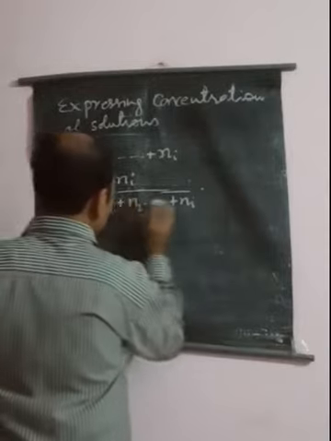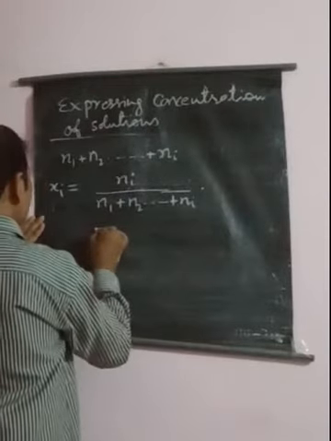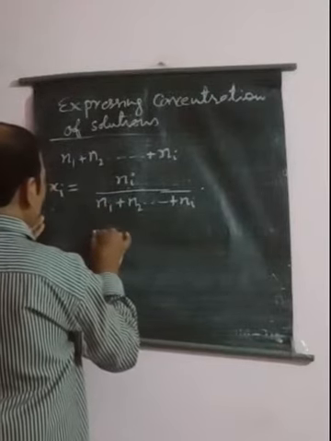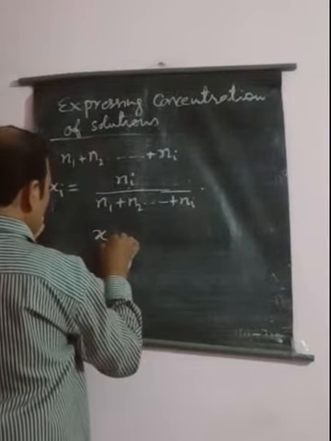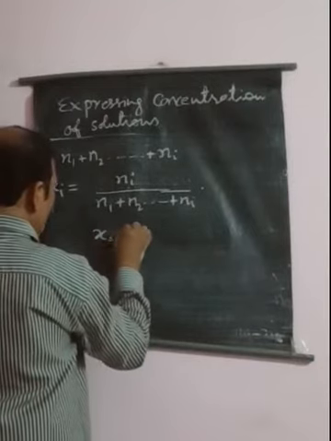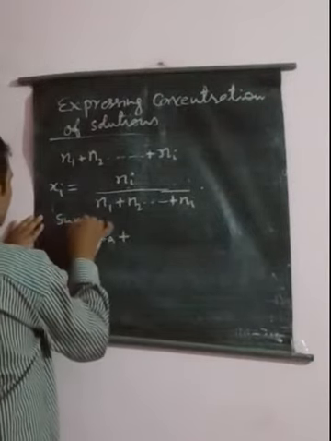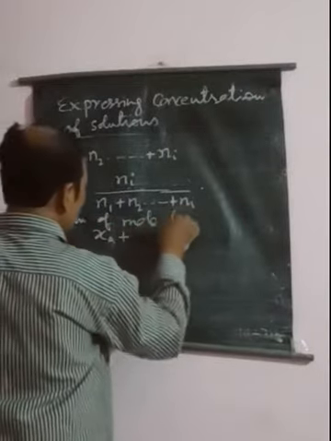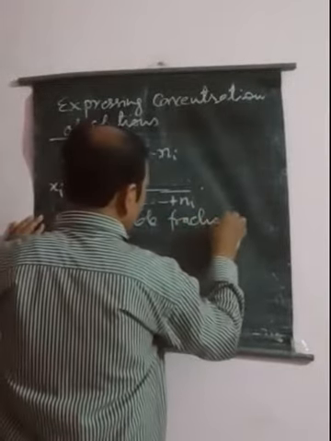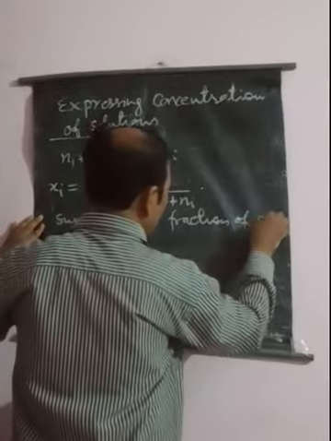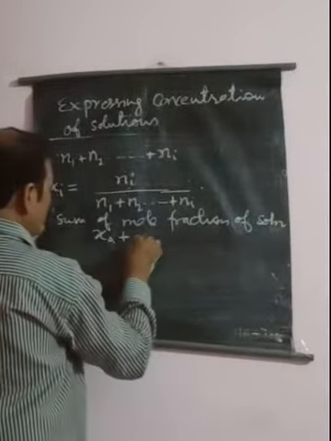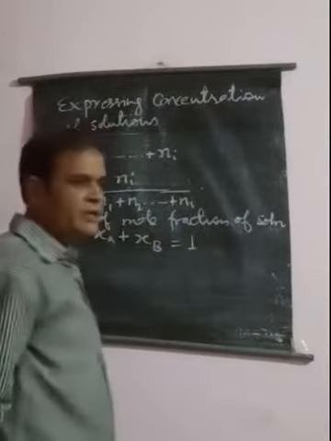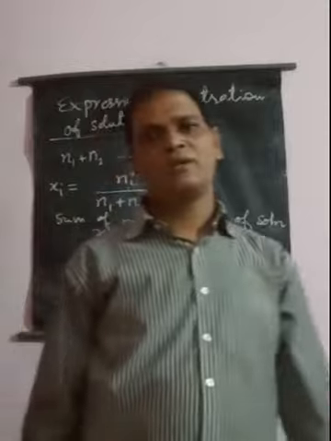Suppose we are taking a solution made by two components, A and B. Then the sum of the mole fractions of that solution will be Xa plus Xb is equal to 1. And in this manner we can find out the mole fraction.